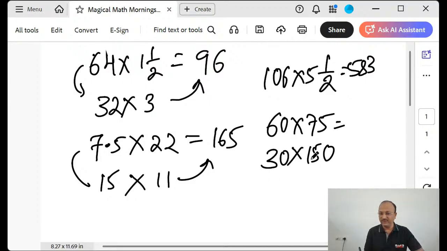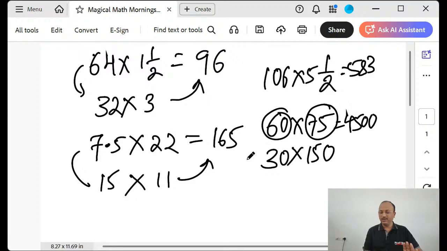This is nothing but 15 threes are 45. So the answer is 4,500. Only thing is, we have to ensure when we want to double this, the other number should be an even number, or else this will become a fraction. This is applicable to all the numbers ending with 5 when we are multiplying that one with an even number.